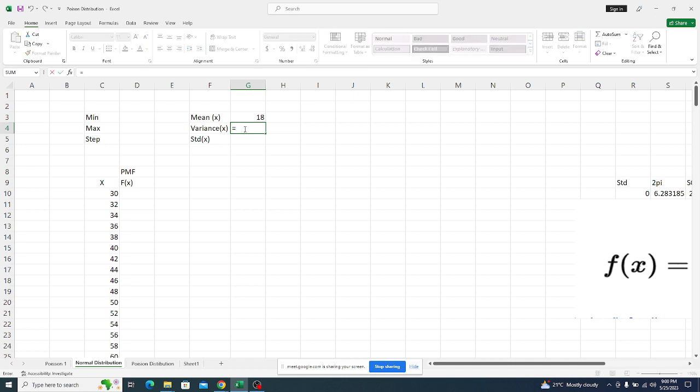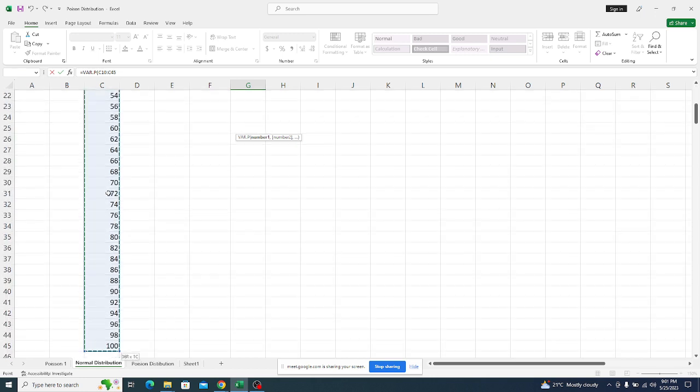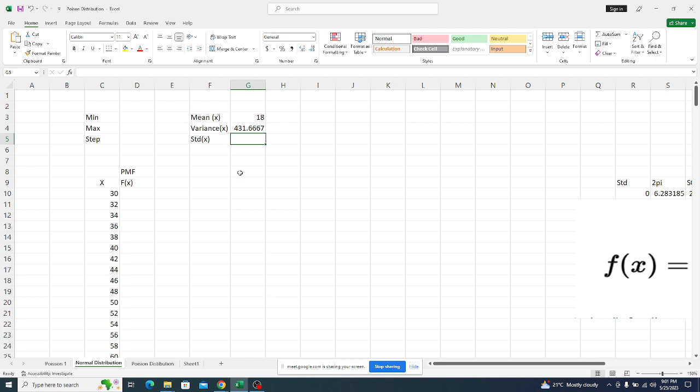The variance will be the variance of population, because we are working with this as our population. Then we've calculated the mean. For the standard deviation, we can use the inbuilt function, or we can say it is the square root of the variance.